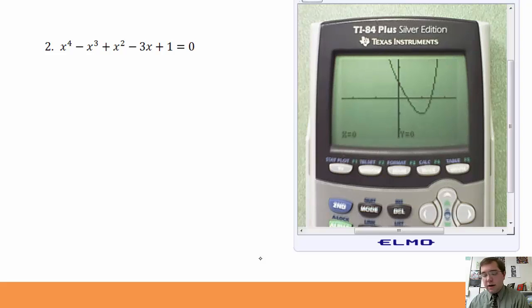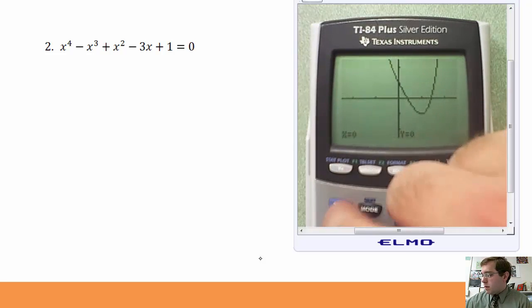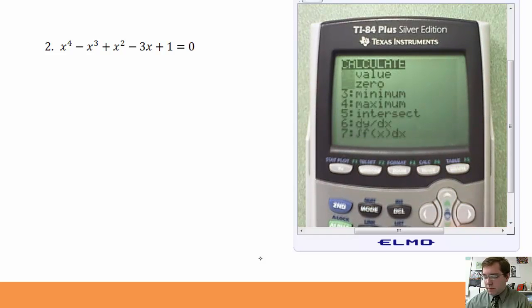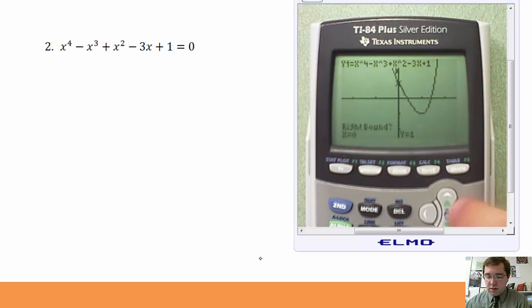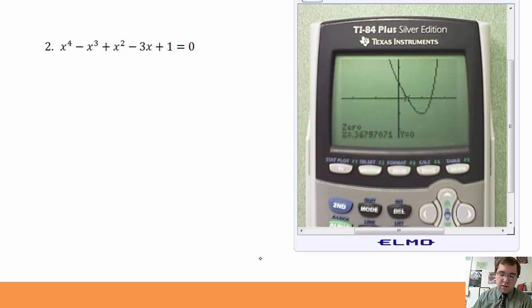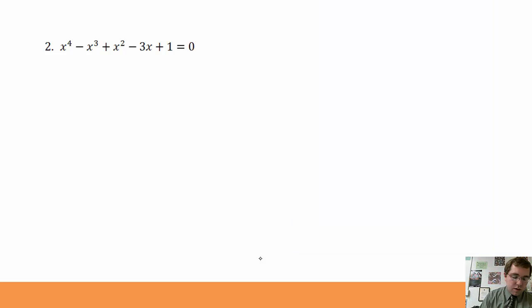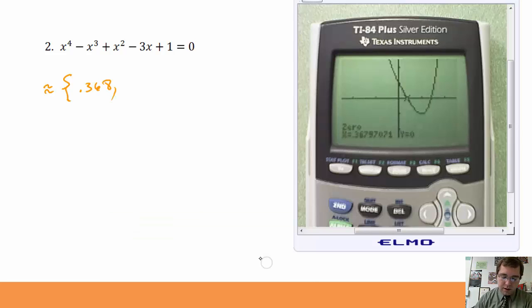Okay, so I can find these 2. I go to second, calculate, number 2, left bound, right bound, guess, 0.368. So approximately 0.368, comma, back to my calculator.